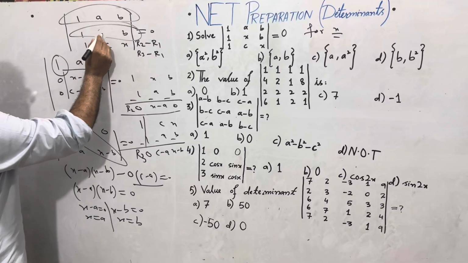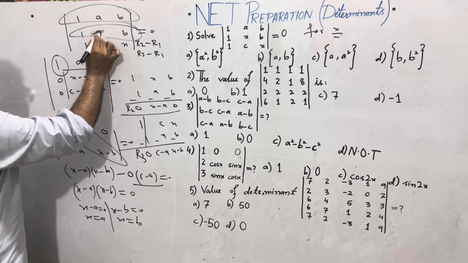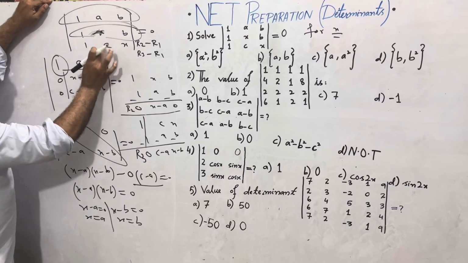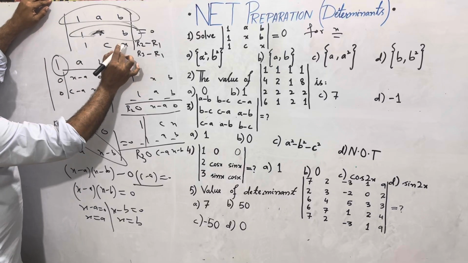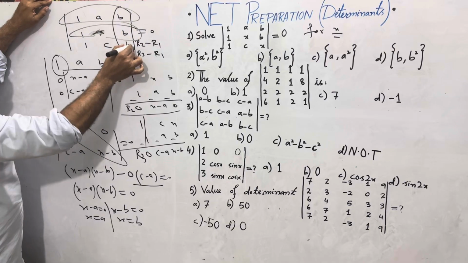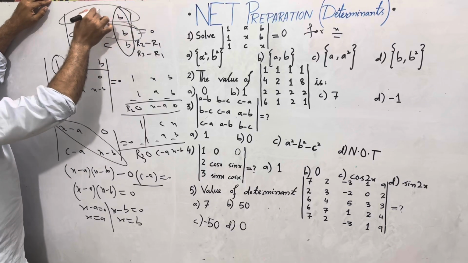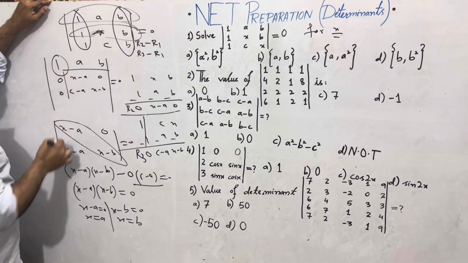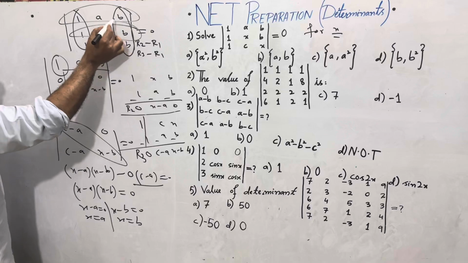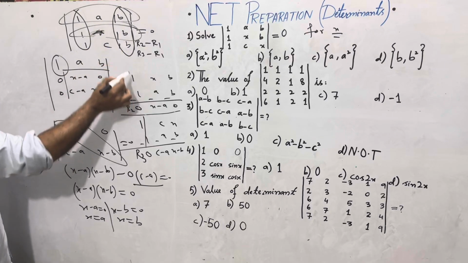The second option is b. Instead of x, I can utilize b here. Look at this: if I write b here, this column is 1 1 1, the third row is b b, and this column is 1 1 1.